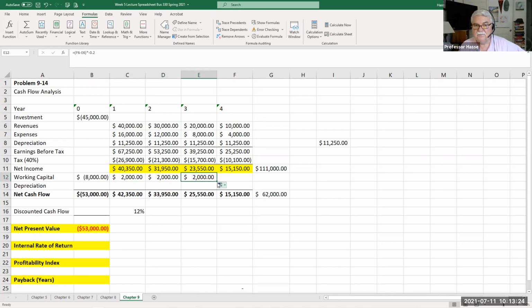the next few years. And in year 4, there's no year 5, so all we do is just take 20% of that, and it's 2,000. But here's the key thing about this, and you know you did it right. The net outlay of working capital at the end of a project should be 0.